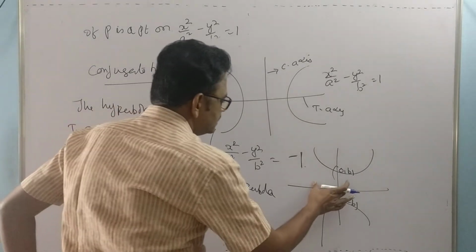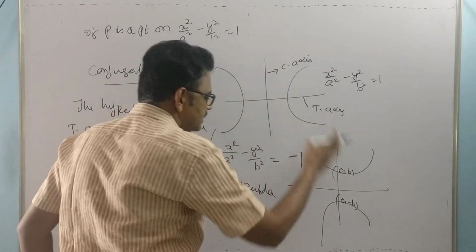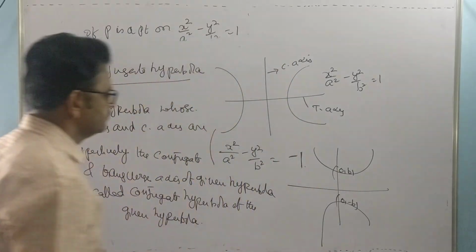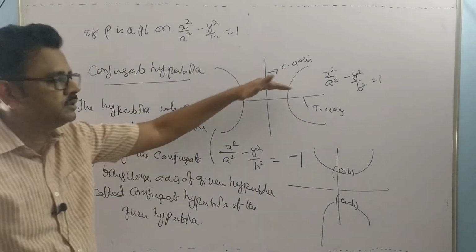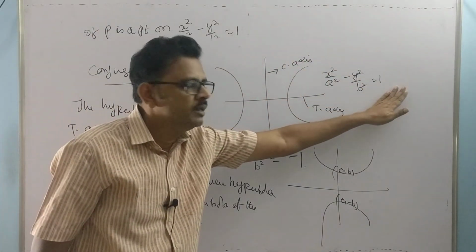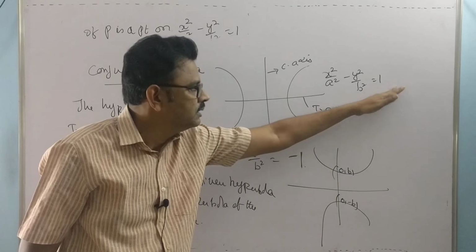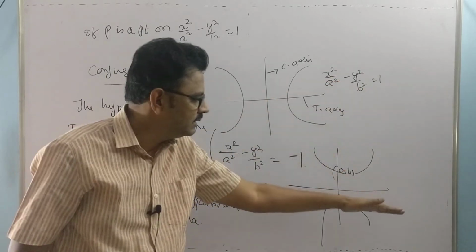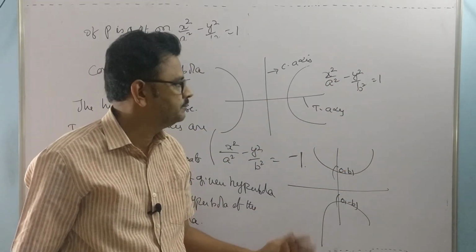So this is the conjugate of this one and it is the conjugate of this hyperbola. In the hyperbola there is no a greater than b case. Only thing is, if it is plus 1, this is hyperbola, if it is minus 1, it is a conjugate hyperbola.